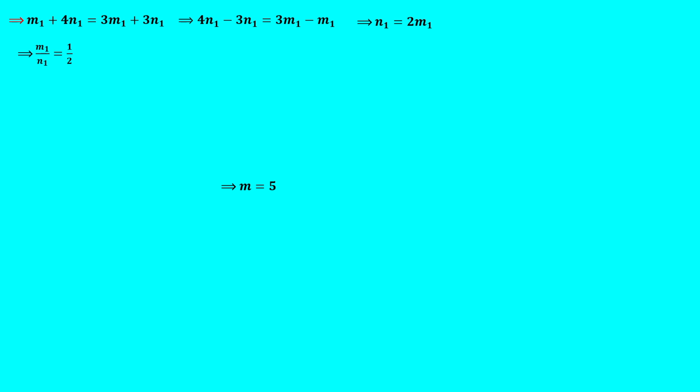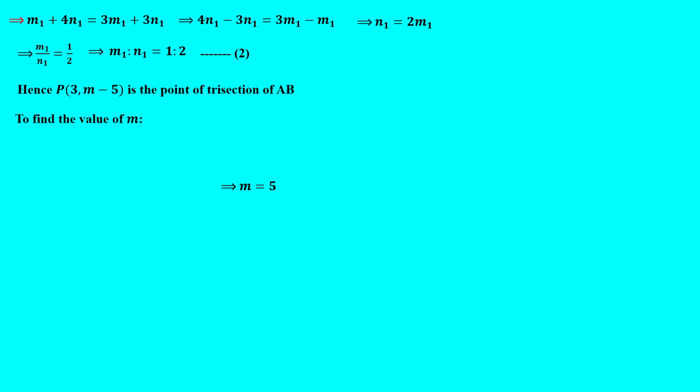That means n1 is equal to 2 m1. So m1 by n1 is equal to 1 by 2. Therefore m1 is to n1 is 1 is to 2. So we proved the point P divides the line joining A and B in the ratio 1 is to 2. Therefore P is the point of trisection. That is 1.